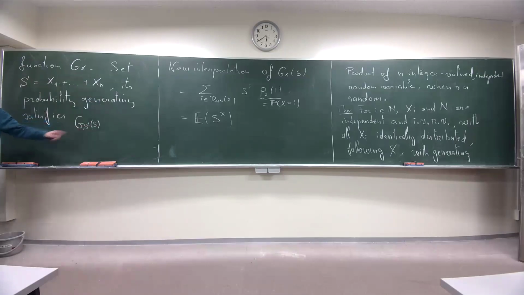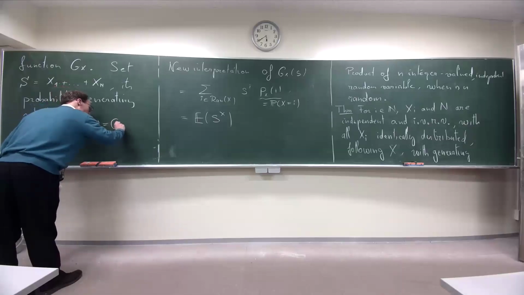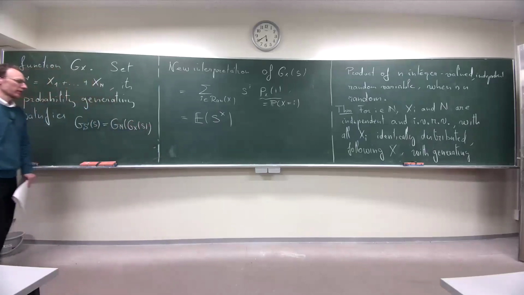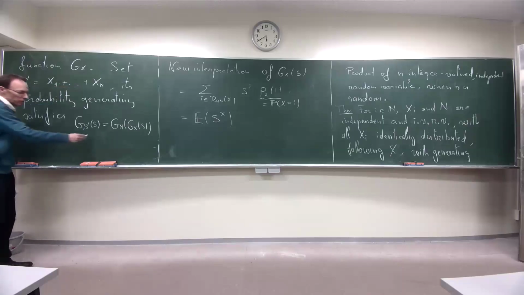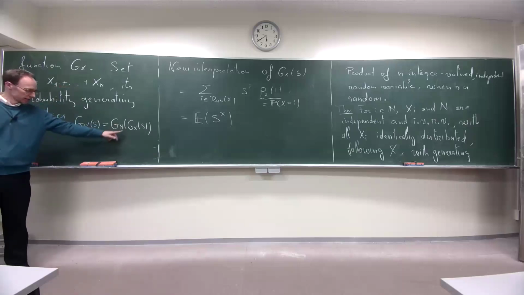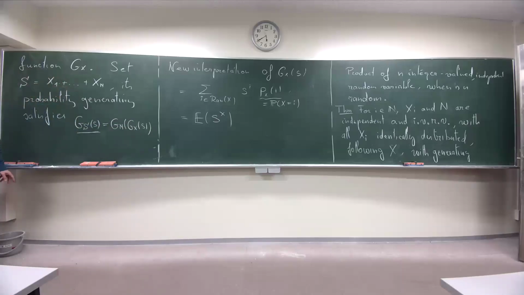This is just a small s, which is a variable. This is the generating function G_N of G_X. This is a statement. So what does it mean? It means that the probability generating function for this random variable is given by this generating function. It's a function evaluated on the value of this. So it's perfectly meaningful as a composition of functions.